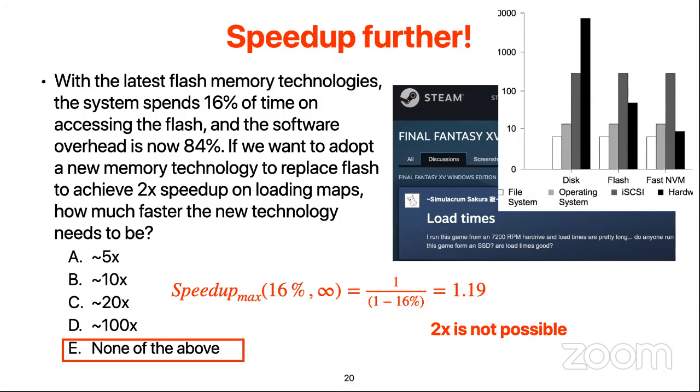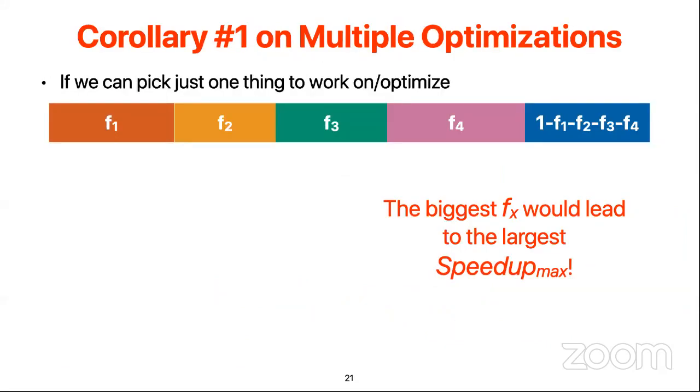Our company wants you to spend a month trying to speed up 16% of the time to see if we can achieve twice speed up in the resulting application. Then you know that the message behind your boss is asking you to resign, because that's never possible. So that's the implication of the first corollary.